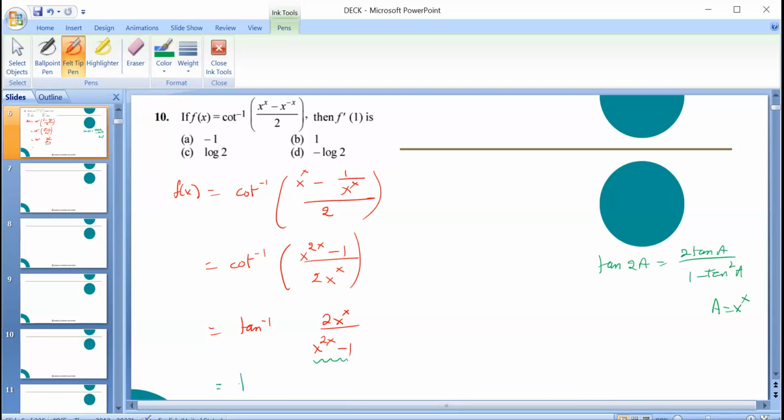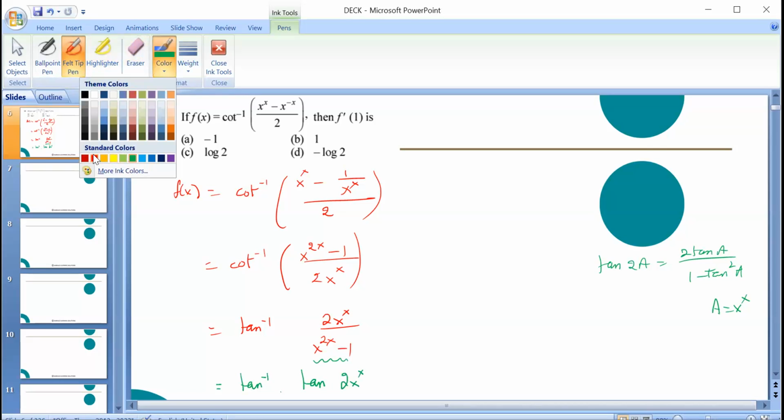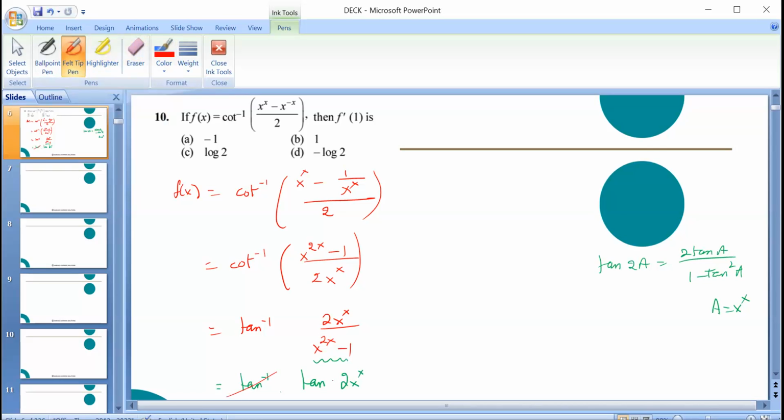So this will be tan inverse of tan 2a, but with a minus. There should be a minus. So you can't remove tan inverse directly, because the denominator is different. That's why we have taken it this way.